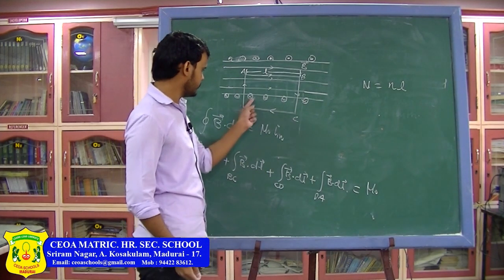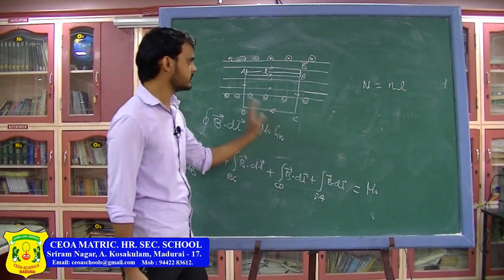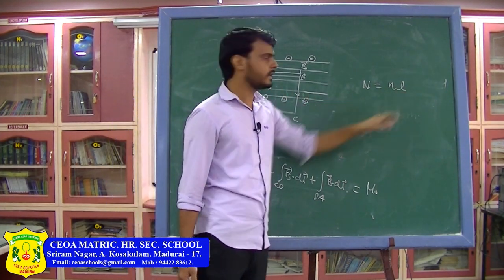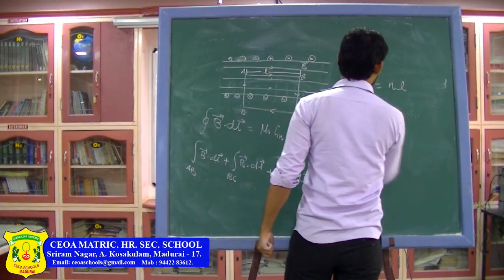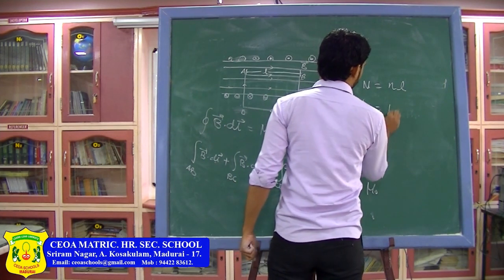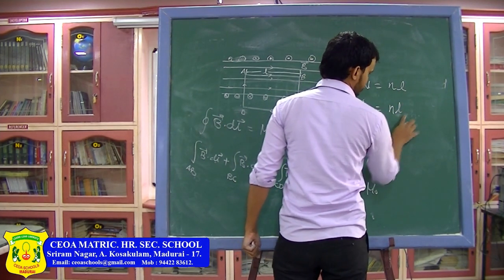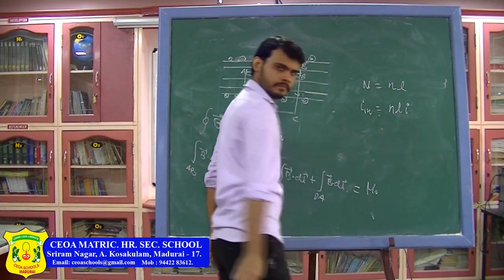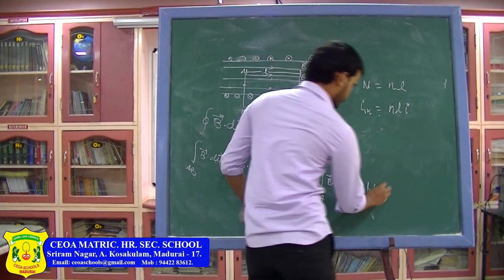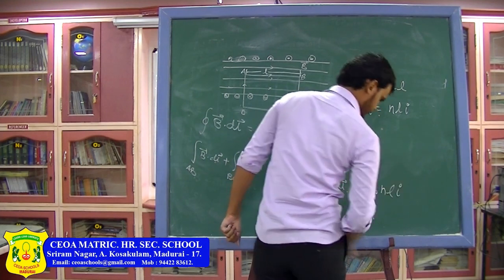If you count the number of wires, it will come out to be N into l, and in each wire the current is I. So the total current inside will be total number of turns into current in each turn, which is N l I. So this I can write as mu naught N l into I.